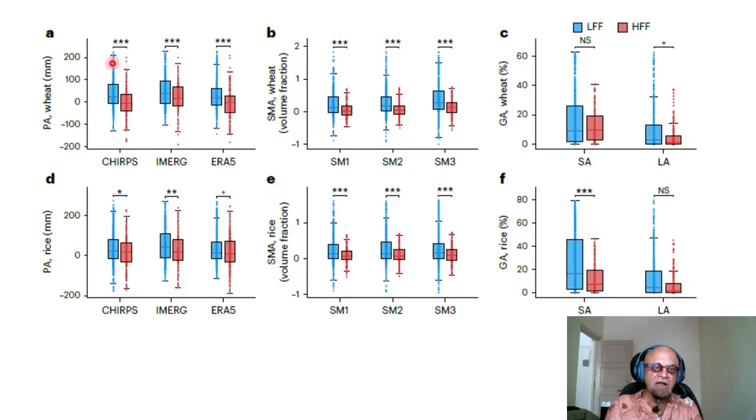You can see how the two types of floods are systematically different, and it's consistent with the total message that LFF is affecting the croplands more. It has to obviously show up in the precipitation, and it does here.